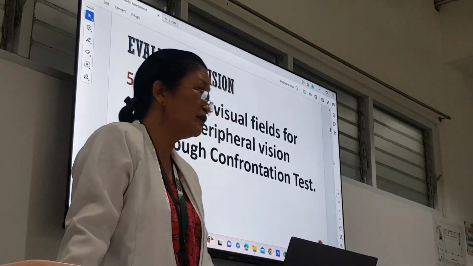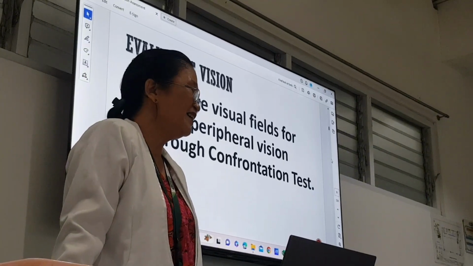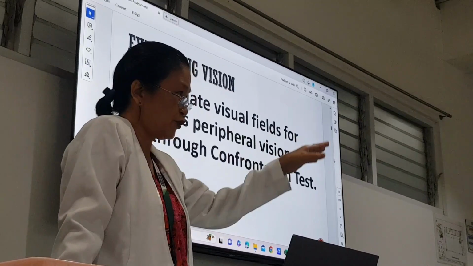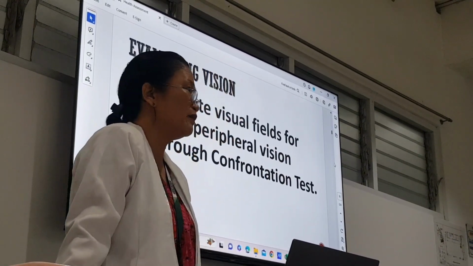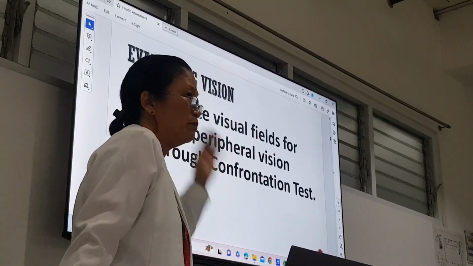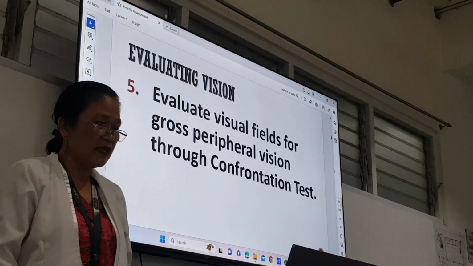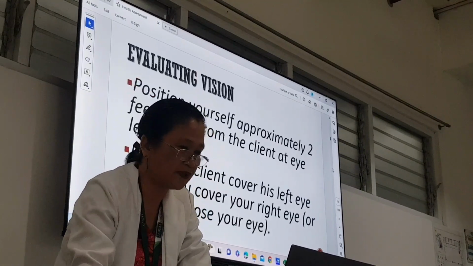Parietal, are you sure? Anyway, you can learn this in your other subject, pero ang ating peripheral vision is from our occipital. Okay, evaluate visual fields for gross peripheral vision through confrontation test.